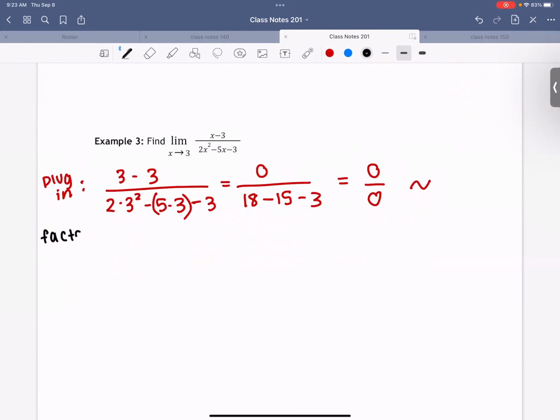We're going to factor 2x squared minus 5x minus 3. We need to find two numbers that add to -5 and multiply to -6.